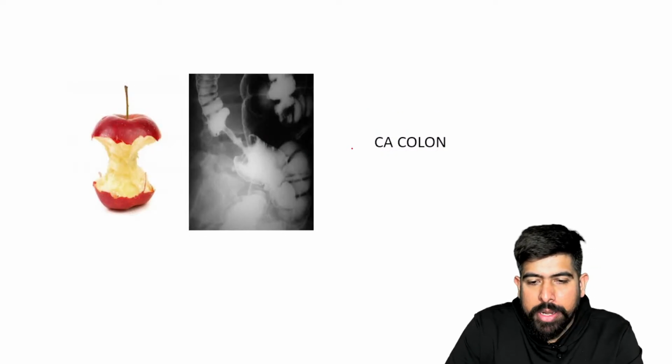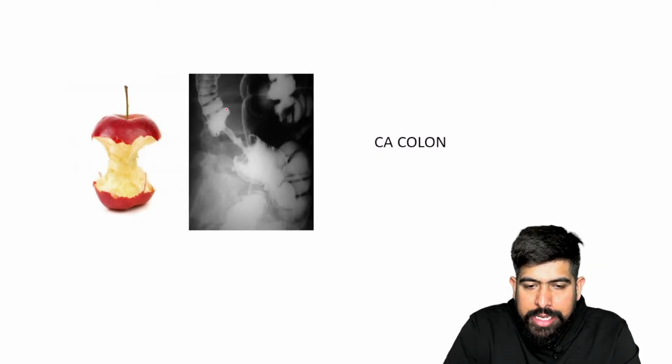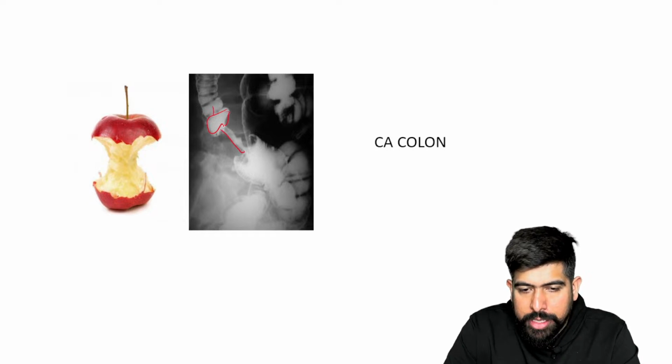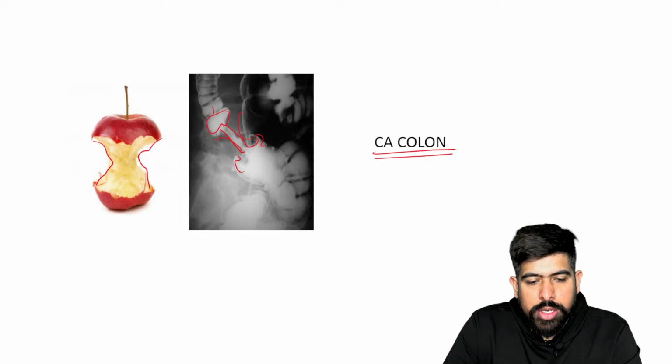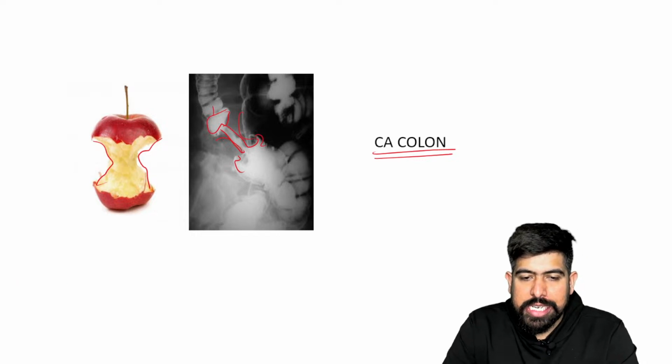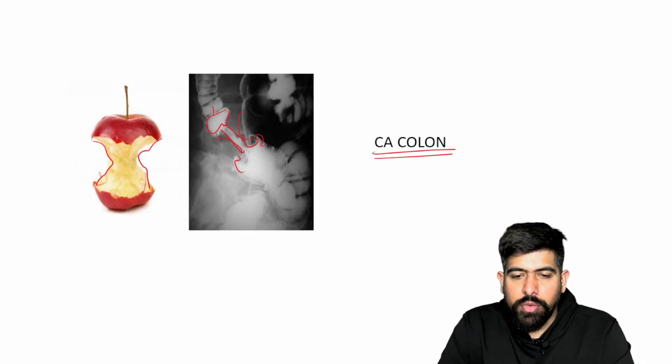Now there is the apple core appearance. Can you see? It looks like this. This is the apple, and this is the core of the apple. You can see the apple is eaten from here. So this apple core sign will be seen in CA colon, the carcinoma of colon.